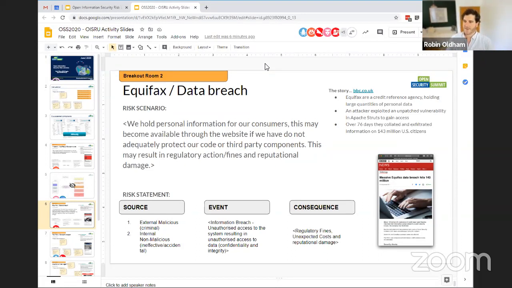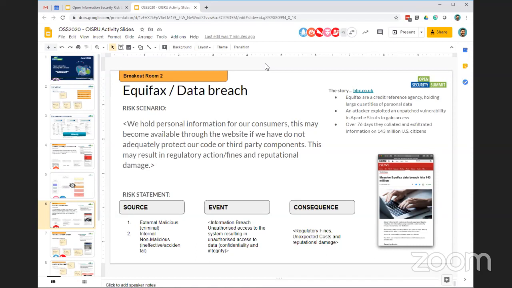Like you say, lax patching, or not promptly dealing with vulnerabilities that you find on your network, for example, are factors that increase the likelihood that an external malicious actor might be able to exploit a weakness and gain unauthorized access to a system. So I think that's a good use of it.